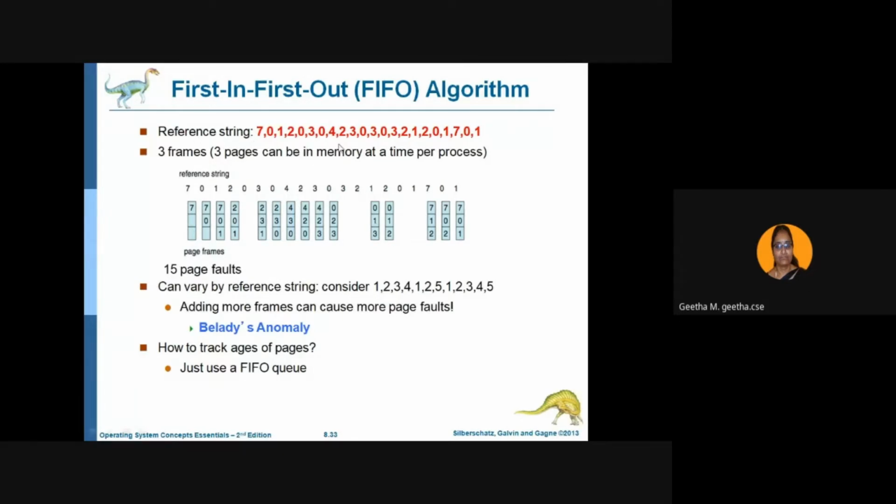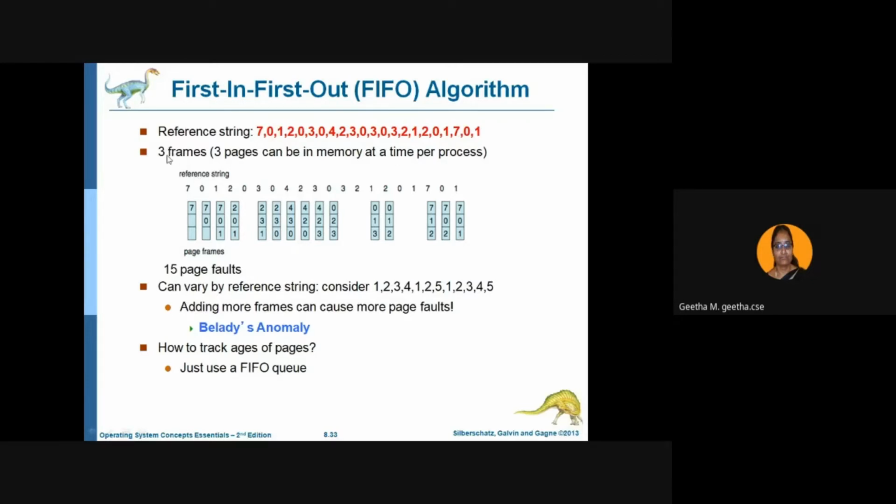Consider this reference string: 7 0 1 2 3 0 3 0. These are the page numbers, and it also represents the order in which the pages are referred. First it refers to page 7.